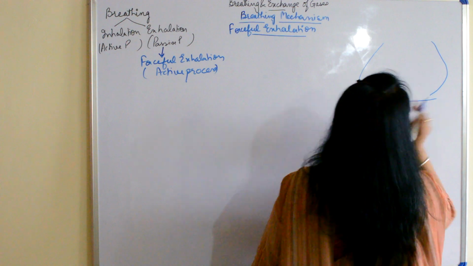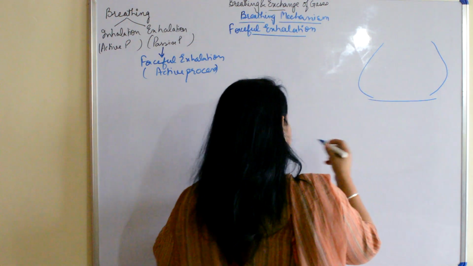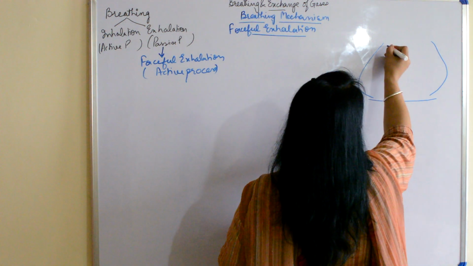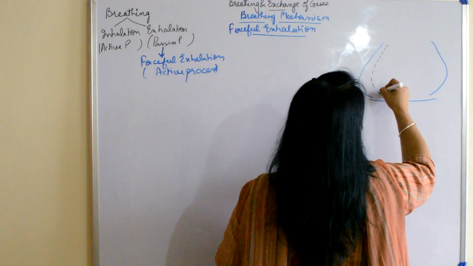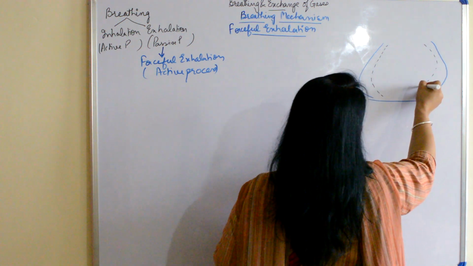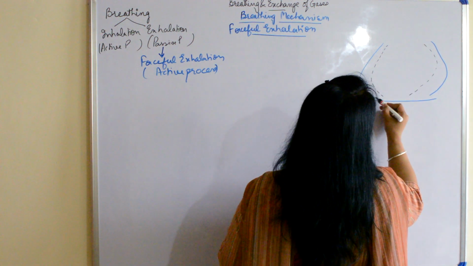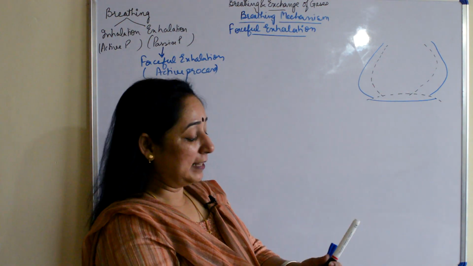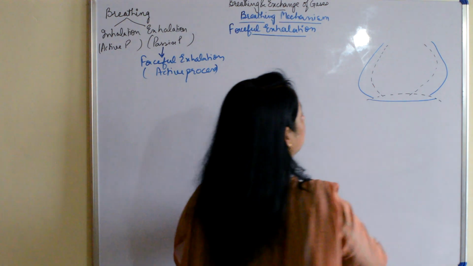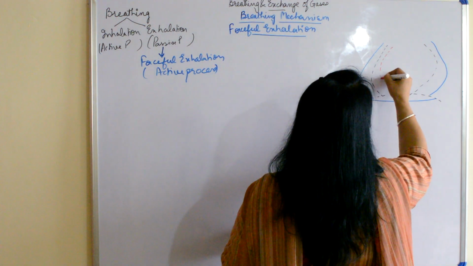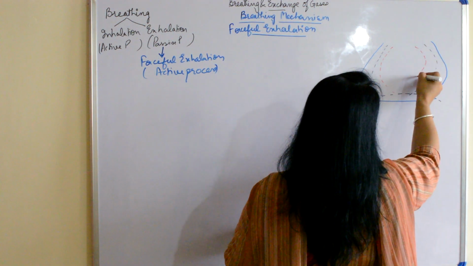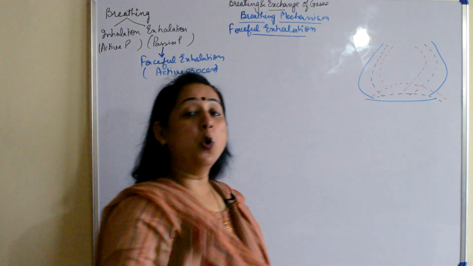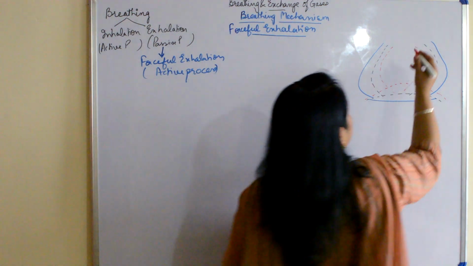Then when we talk about exhalation, the ribs are going to contract so that the thoracic cavity decreases in size and the diaphragm is going to get dome shaped. But when I say it is forceful exhalation, the ribs are going to contract more than this, and the diaphragm is again going to rise up more than that which happened earlier.